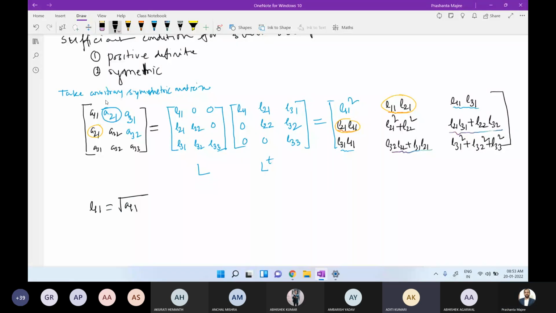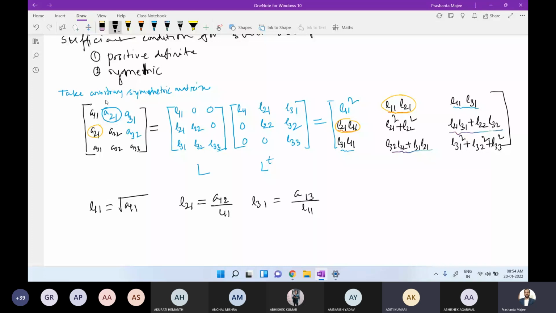What will be L21 then? You do some calculation and find out the value. L21 will be A12 by L11. L31 will be A13 by L11. You see? So the first column of L is obtained.